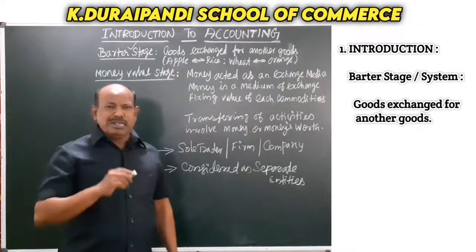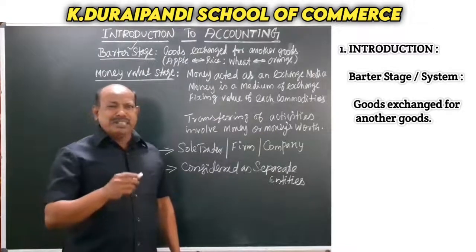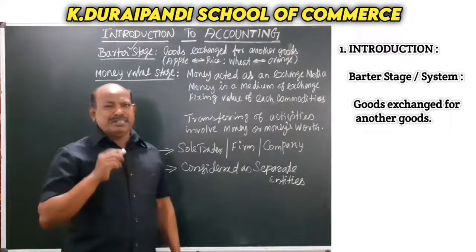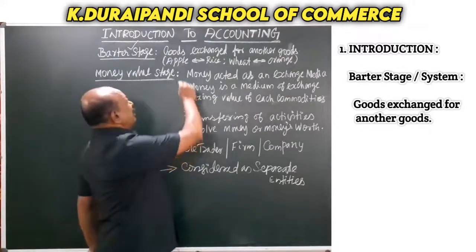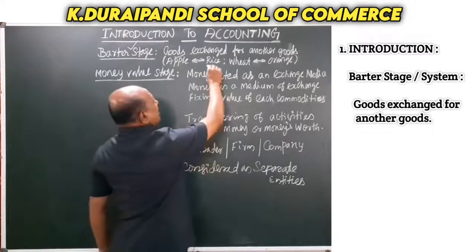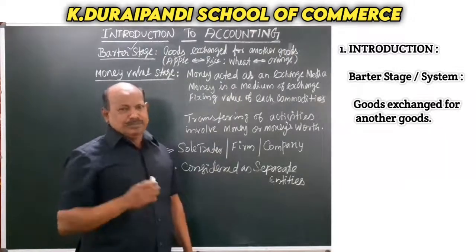That is, one commodity is exchanged for another commodity. It is called barter system or barter stage. For example, apple is exchanged for rice. That is the barter system.